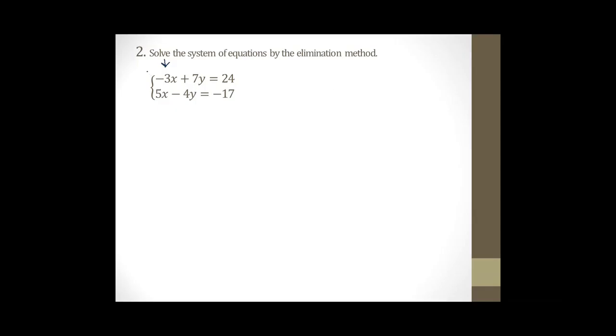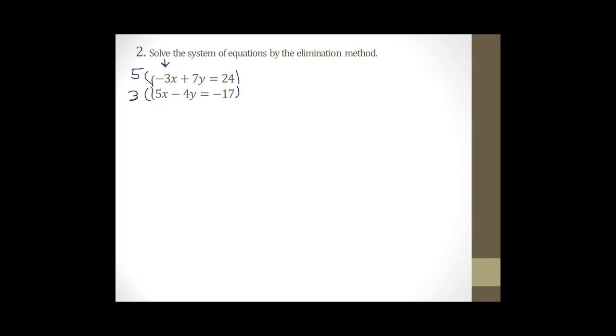So I will multiply the first equation by 5 and the second equation by 3. And then I will get for the x value in the first equation -15, and for the second one +15, and that would accomplish my goal of canceling out the x value.